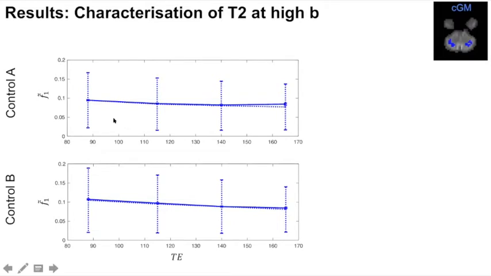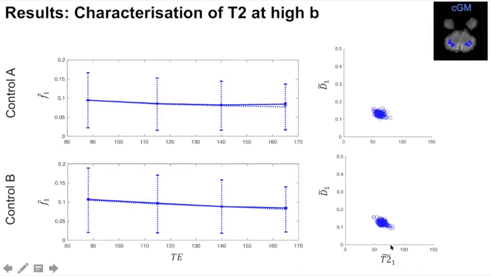And you can see that the estimated fraction is different for different echo times. So if you then estimate the T2 of this compartment, it's about 62 or 63 milliseconds. So that's longer than the T2 of, for example, myelin water, but shorter than some of the reported values for intracellular and extracellular water.